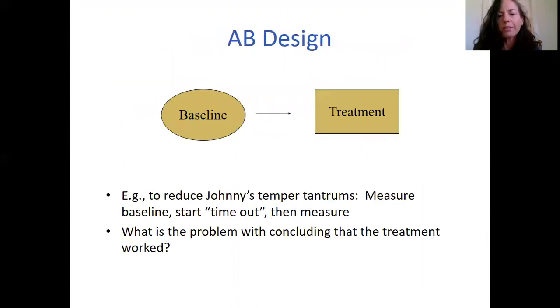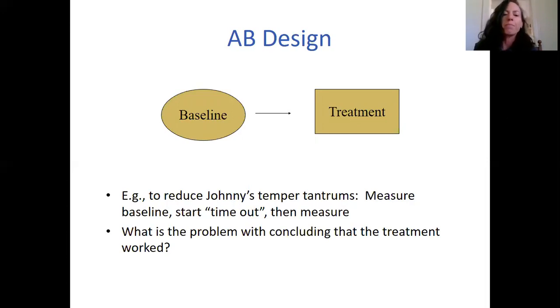So let's take a look at the first design. It's called an A-B design. For some reason, they say that baseline is A. A always stands for baseline here, and B always stands for treatment. So the A-B design is something like, for example, to reduce Johnny's temper tantrums, we measure baseline temper tantrums. And then we measure the number of temper tantrums once he starts treatment.